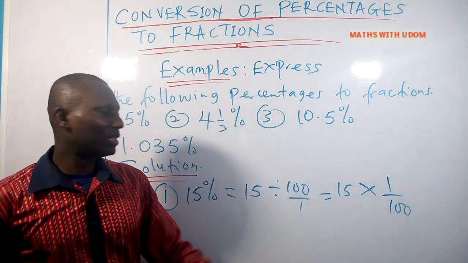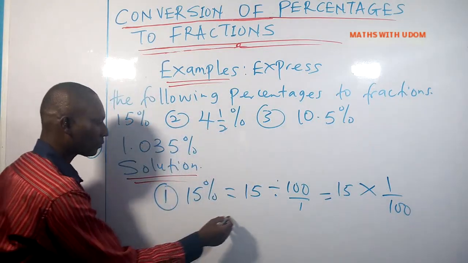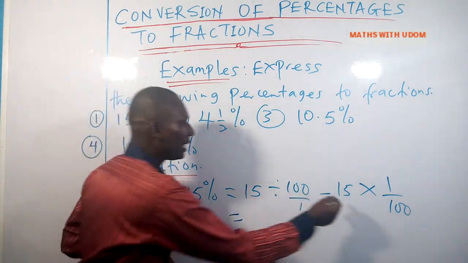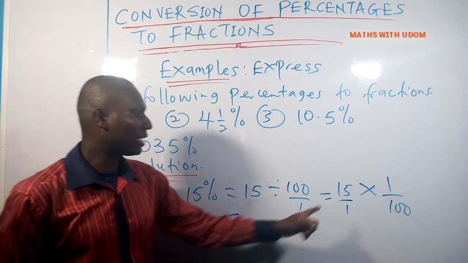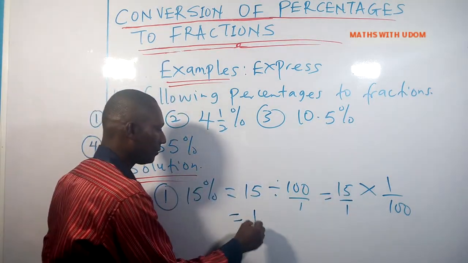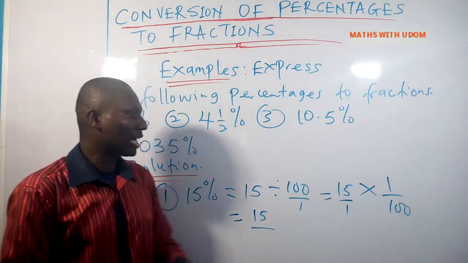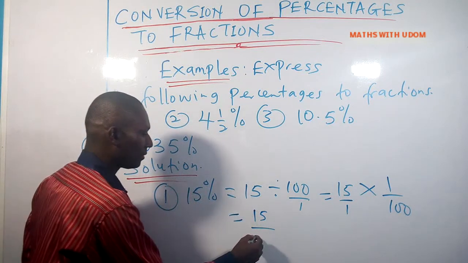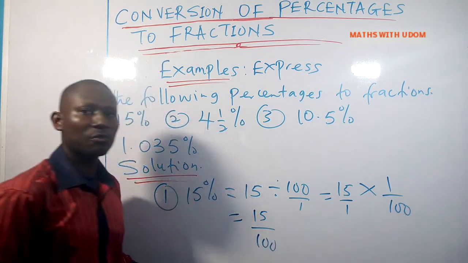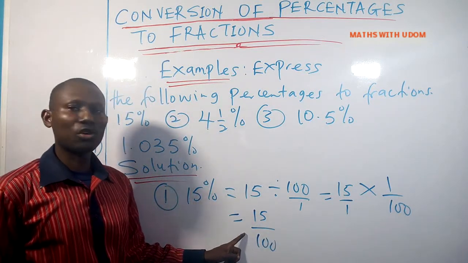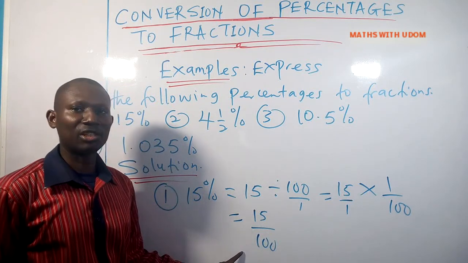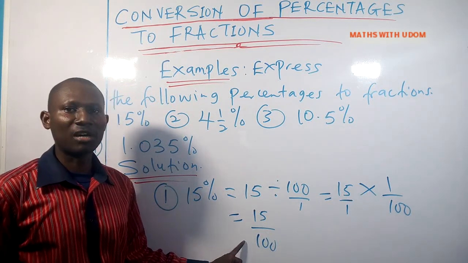The next thing for us to do is to multiply the numerators together. So 15 times 1 is 15. Then 1 times 100 will give us 100. From here, we can see that there's a common factor between 15 and 100. 5 can go through.